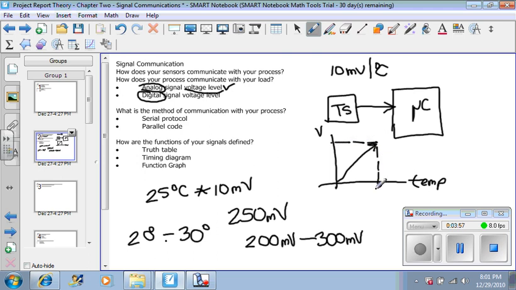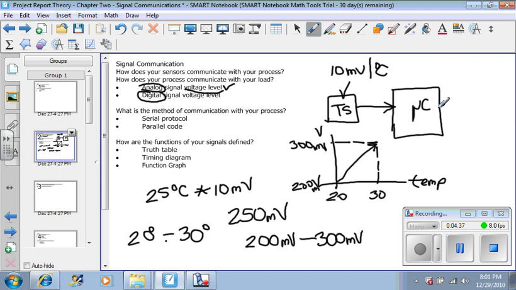We can make a graph and say that between 20 and 30, we will get 200 millivolts and 300 millivolts. So we have some information now. You should write this in your report. Now that we know that this is an analog output and the range, we understand how the temperature sensor works. There's other information, but we'll leave that until later.